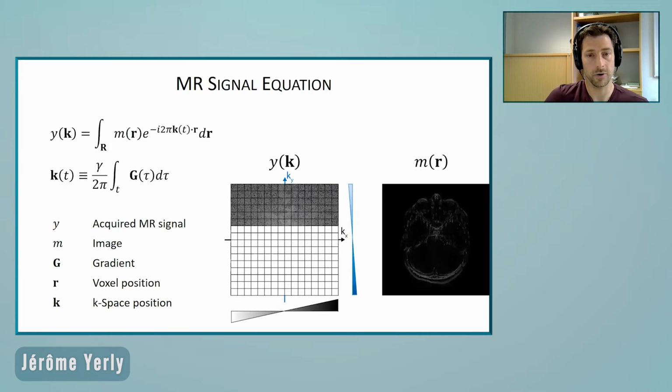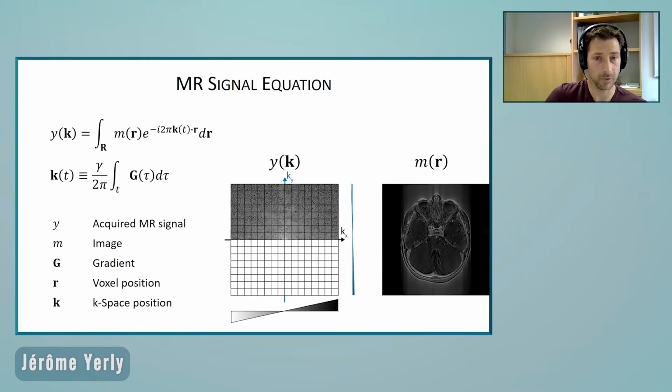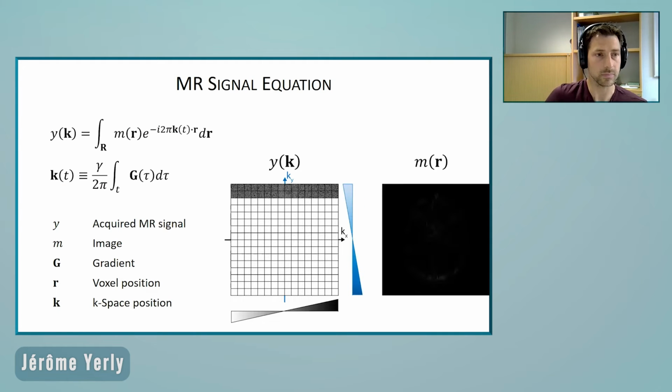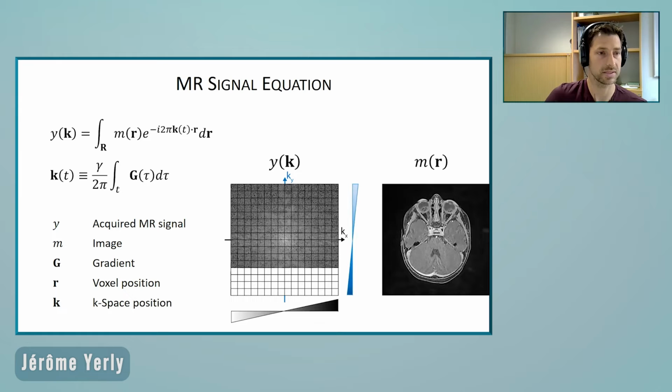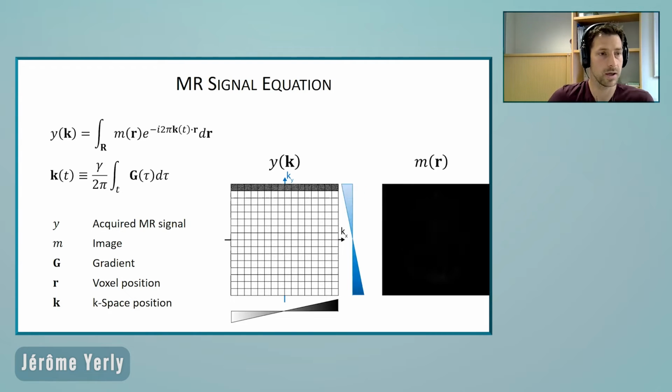So before we get into the detail of this reconstruction, I just want to make sure that everybody understands what this equation really means, or where it comes from. And it all starts from the signal equation. So I'm sorry, I'm going back to the basics, and it's probably very clear to everyone, but I just want to make sure that we are all on the same page.